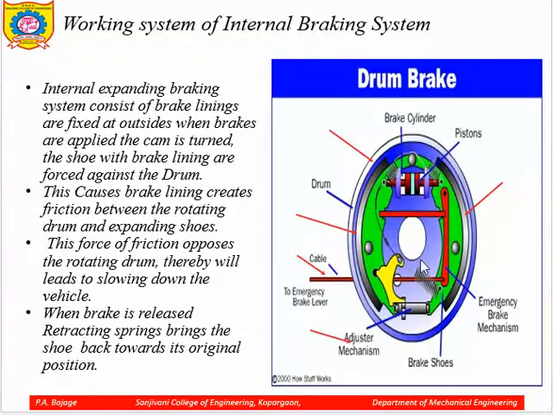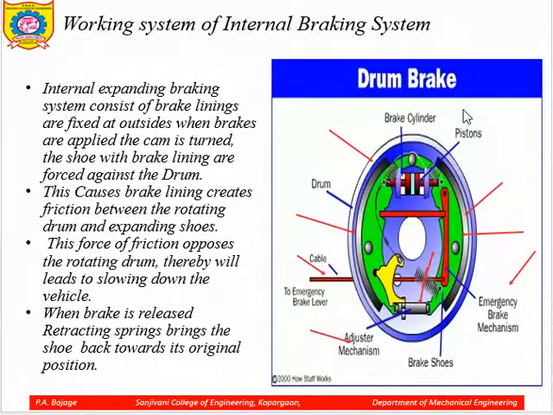This is the retrieve spring. Retrieve spring means it will bring the brake shoes back into their normal position. Normal position means the shoes are not in contact with the drum. And you can see this lever with a cable arrangement. This is for the emergency braking mechanism, and this lever is in contact with the cable and is attached to the handbrake near the driver.